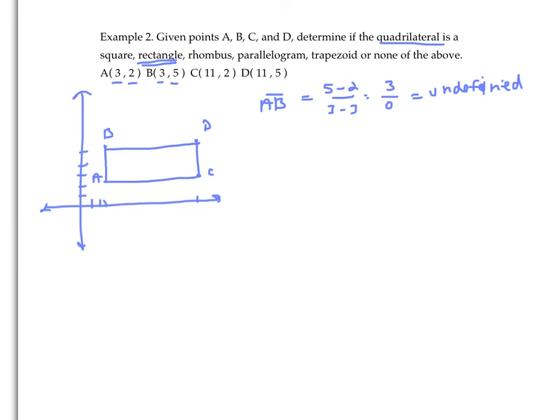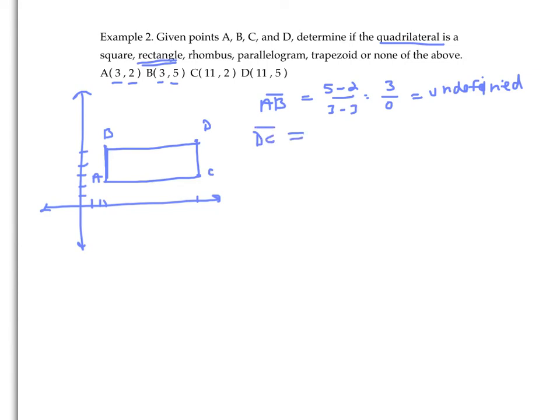Sorry about that, it's undefined, meaning that line segment AB is a vertical line. And we can tell that just based off of the x coordinates being the same. Let's check out DC and verify that its slope is also undefined.